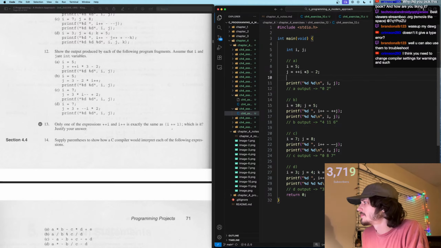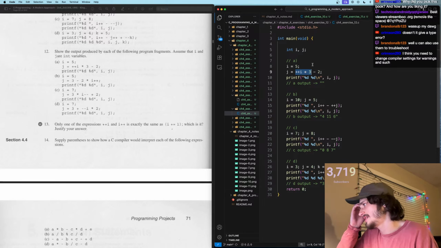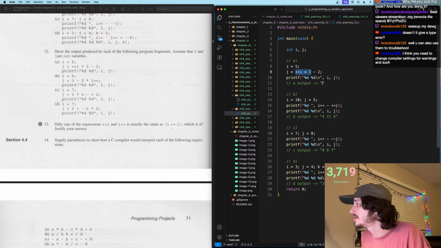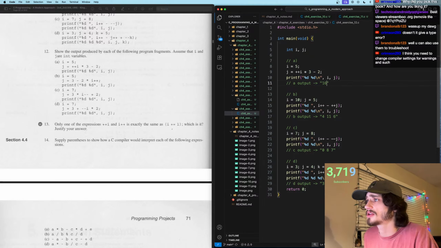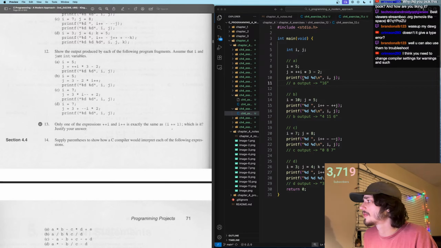I is 5. I has prefix incrementation here, so i becomes 6. And we're going to do 6 times 3, which would be 18, minus 2 would be 16. I think that's what's going to happen. Okay? And then we're going to print out j. Oh, I'm sorry. J is 16. I is going to be 6.